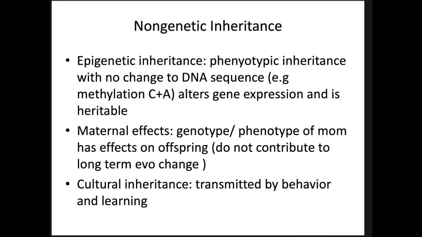One of the mechanisms for that is methylation of our bases. The C and A bases of DNA can be methylated, and this can alter how specific genes are expressed. And if this methylation happens before you have offspring, it's heritable. It can pass on and can completely alter the ways in which genes are expressed.